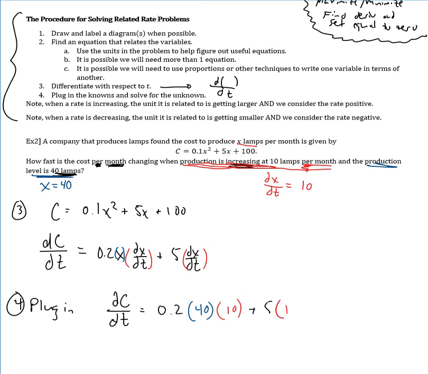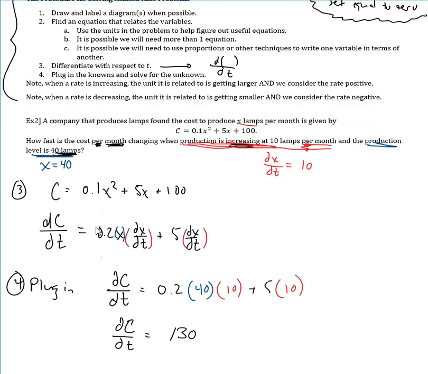Then let's keep simplifying. So dC/dt is equal to 80 plus 50, which is 130, and that is our answer.